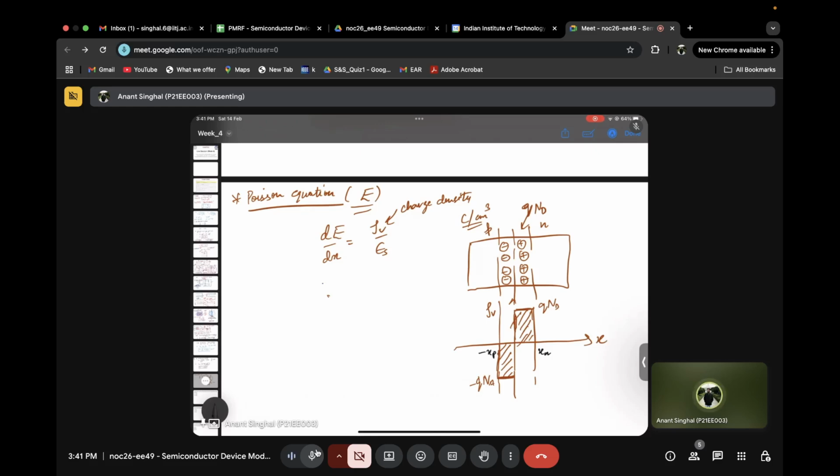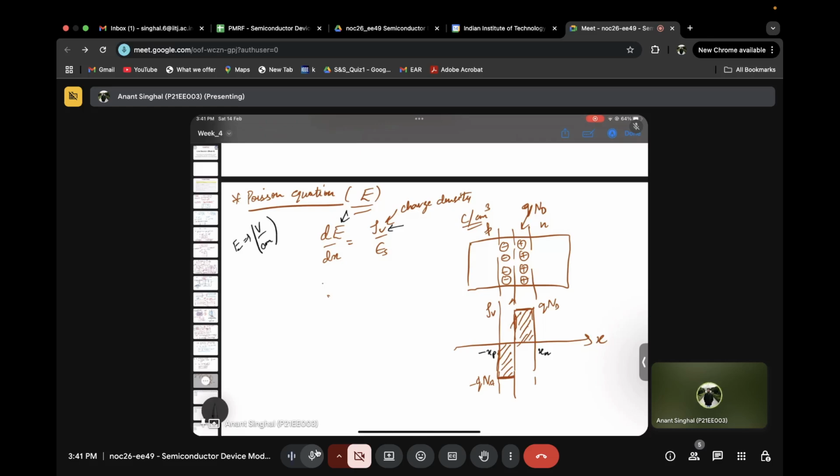No, the Poisson equation we will use to derive the electric field. Electric field intensity and electric field are the same thing. Sometimes we call it electric field intensity or electric field. Both have the unit of volt per centimeter.